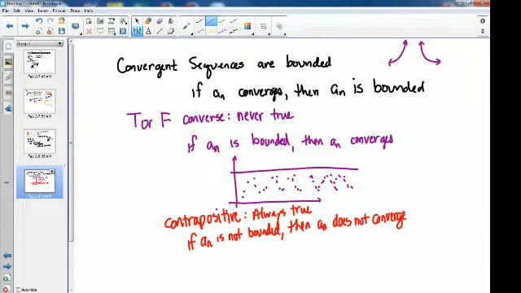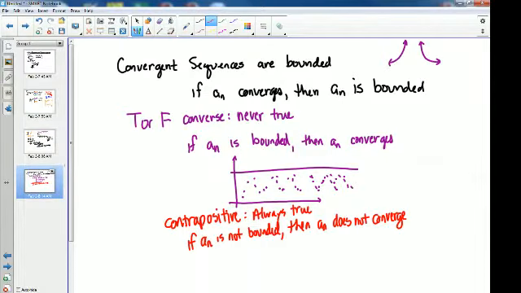You can use that to your advantage, right? Use it to your advantage. Bounded monotonic. So to show something is bounded and monotonic, you can calculate the limit and the derivative. Right?